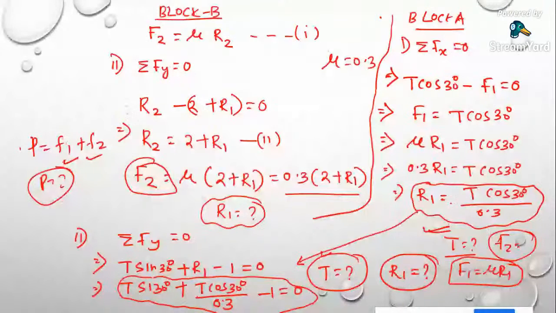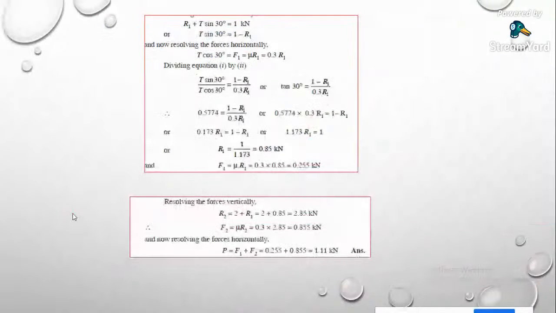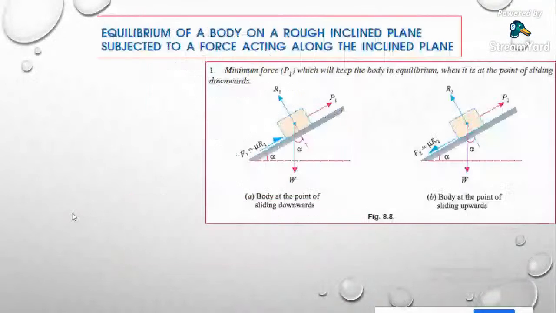After finding the T value, you find out the reaction force, then the friction developed mu into R1, then F2, then P. There are many other ways you can solve this problem, but this is the way I have given to you. So this is the solution I have given, so you can tell later.